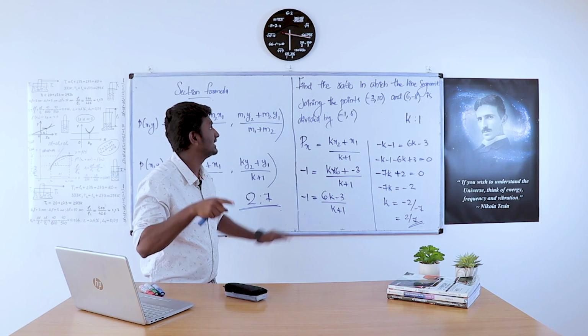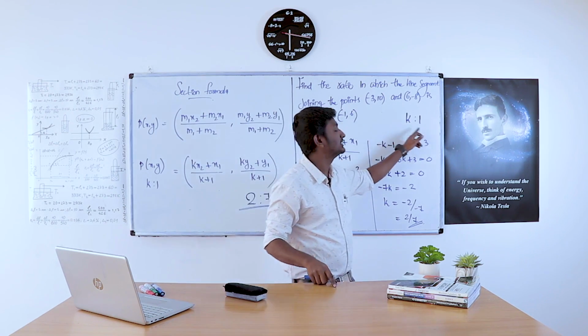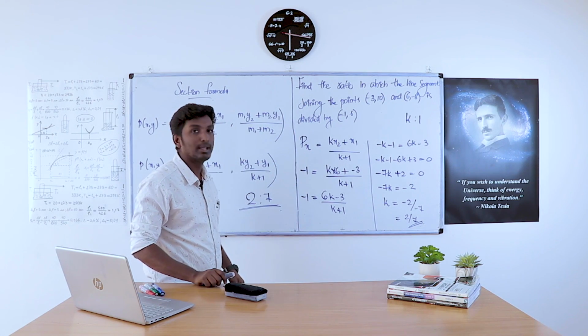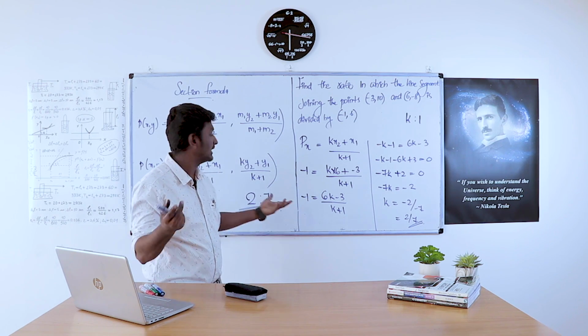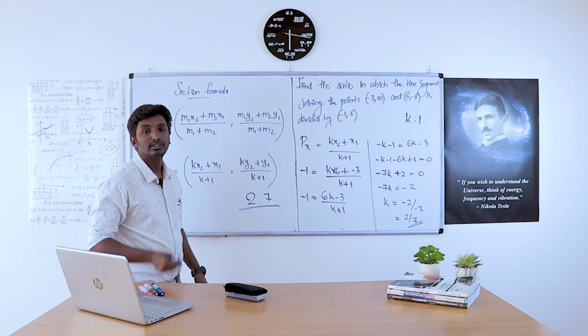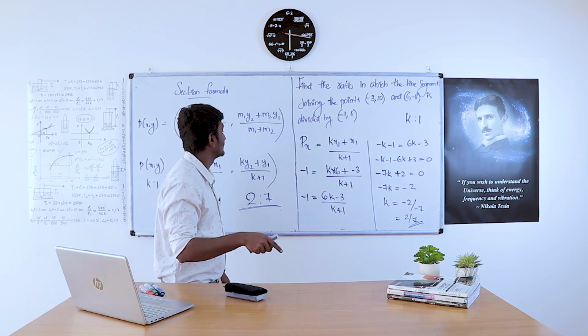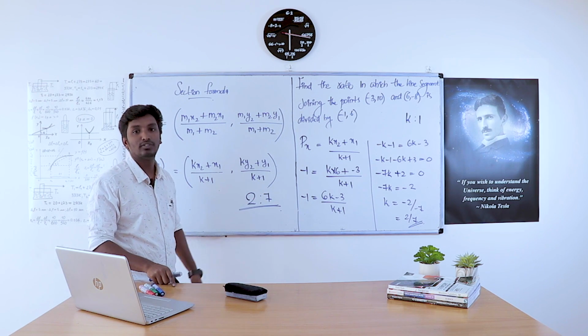Now you have the idea that whenever this question comes, just substitute the ratio as k is to 1. Then you get the value of k. Here k is 2 by 7, so the ratio is 2 is to 7. In every question like this, for finding the ratio, just take the ratio as k is to 1, then find the value of k.